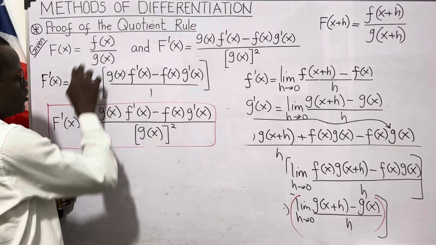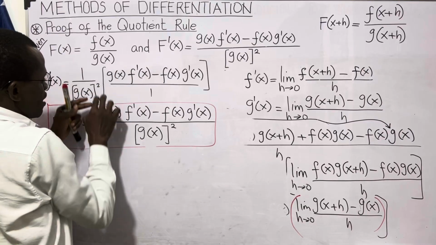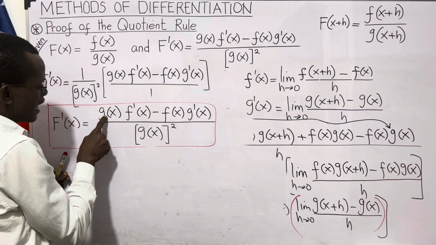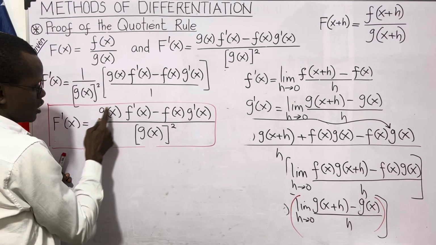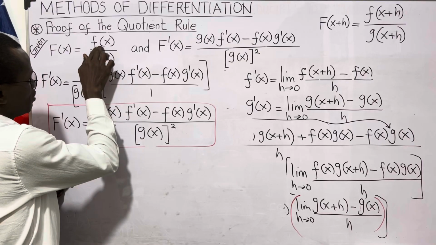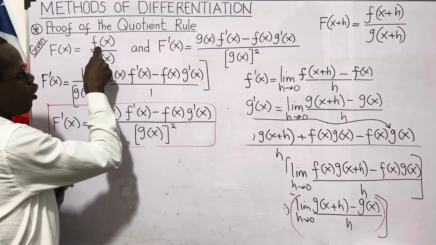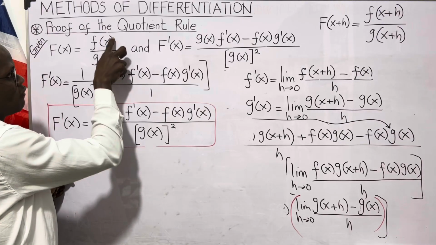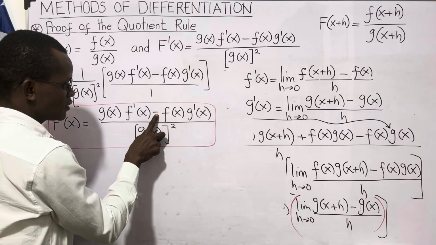And then for the numerator expressions now, you're going to take this g of x and rewrite it. So we see that g of x has no derivative notation, no prime attached to it. So we're just going to rewrite this denominator, and then we multiply it by the derivative of f of x. So it means we're going to find the derivative of f of x minus, what next again?